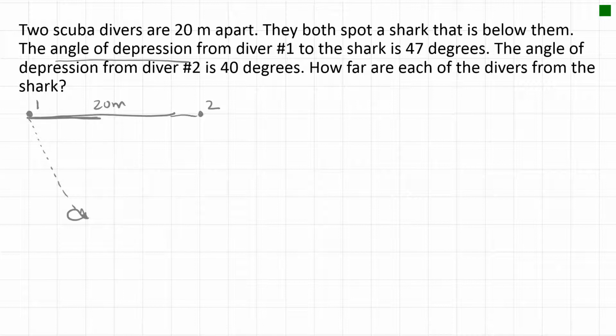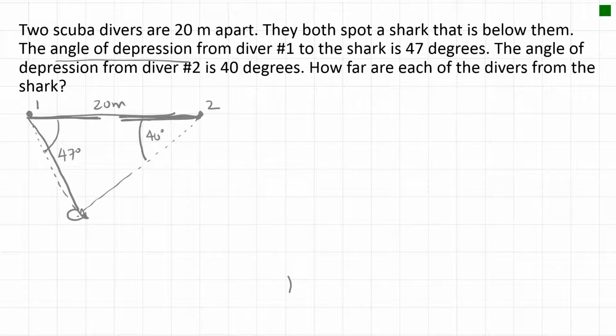So here's the horizontal, and the angle of depression is 47 degrees. And then we've got diver number 2, here's the horizontal, and he's going to take a look for the shark, and it's an angle of depression, so the angle between the horizontal and his line of sight is 40 degrees.